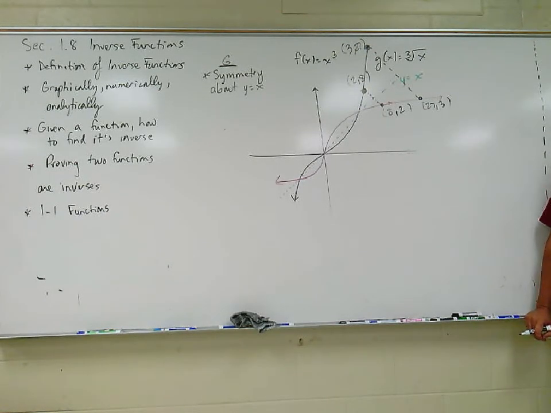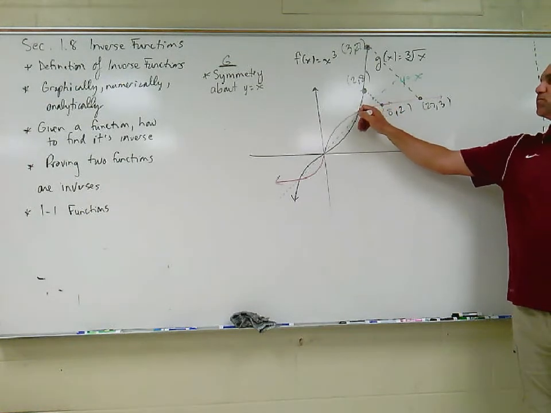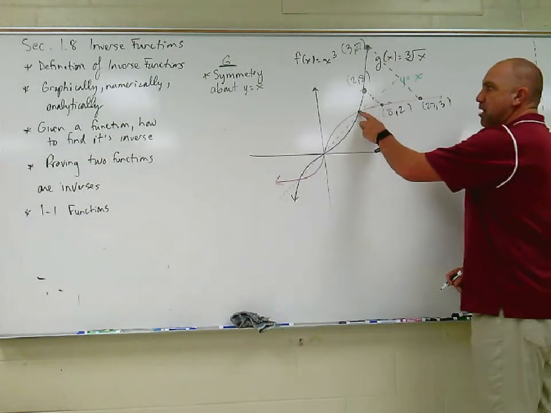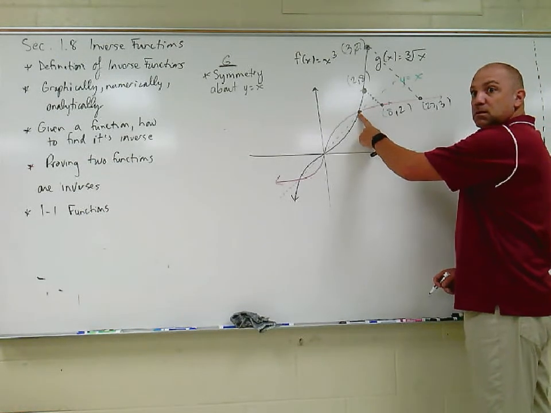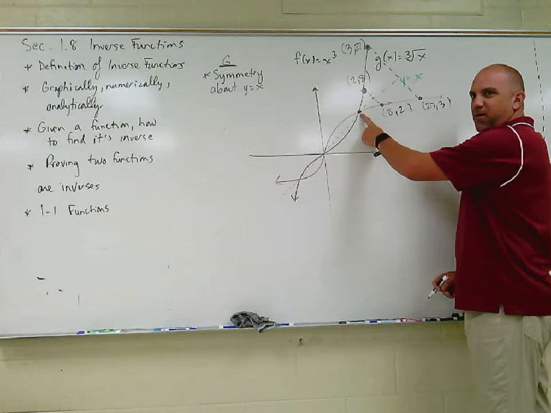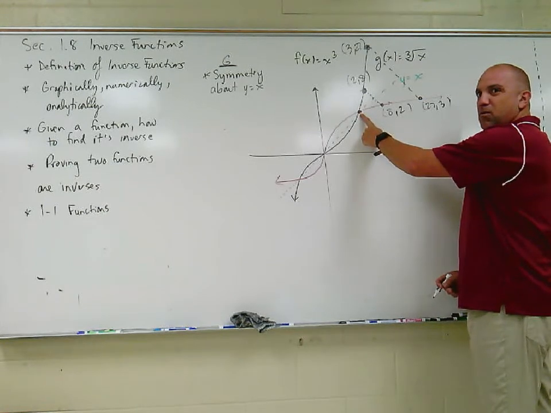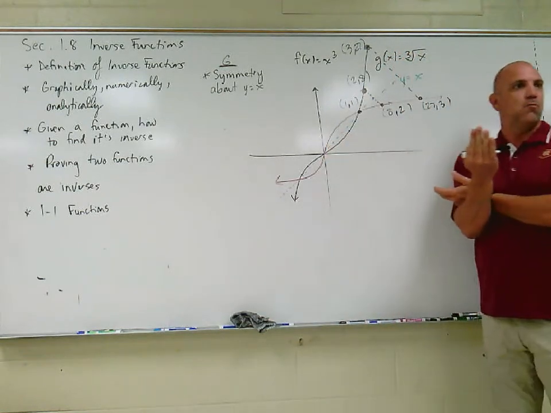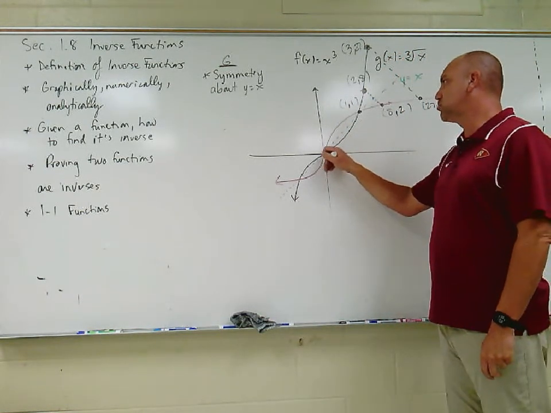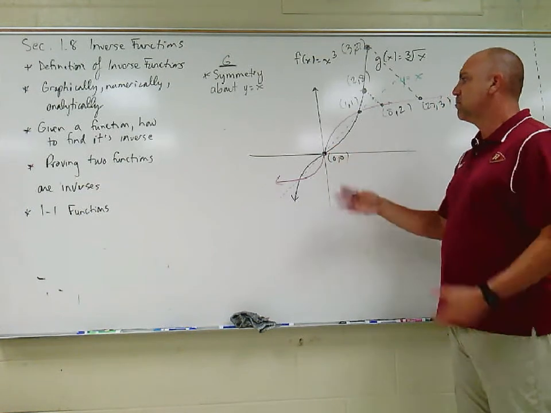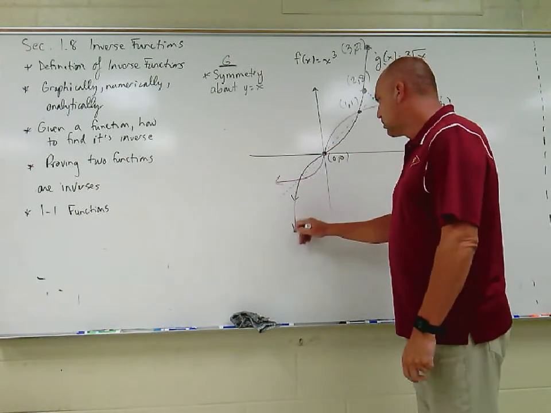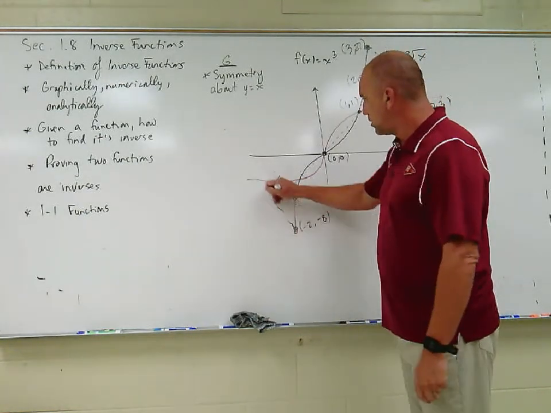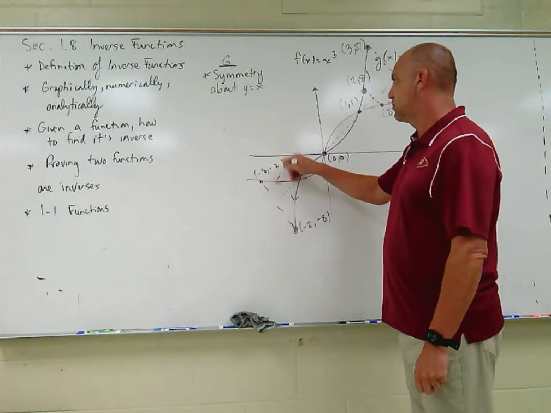They flip. It always happens. Now, right here, this is where the two graphs intersect, because that's where they are on the line y equals x. So what is the point right here that they both share? 1, 1. That's exactly right. If you flip 1, 1, you still get 1, 1. Right here, what's the point that they both share? 0, 0. But it also works for negatives. So if this is the point -2, -8, then the flip point is -8, -2.